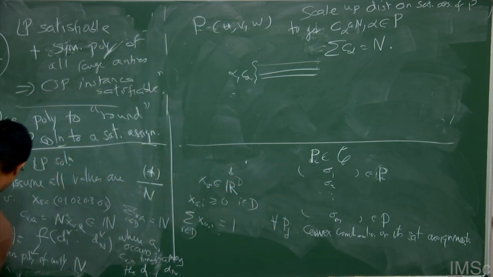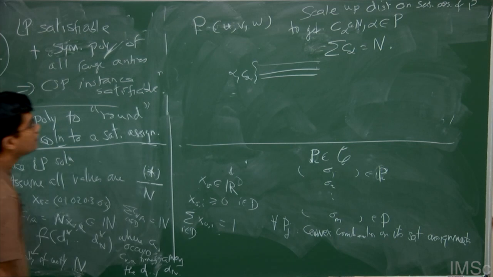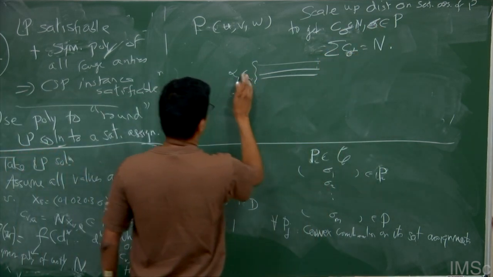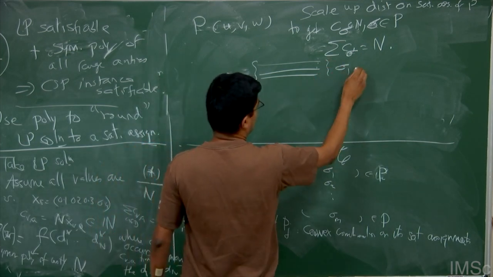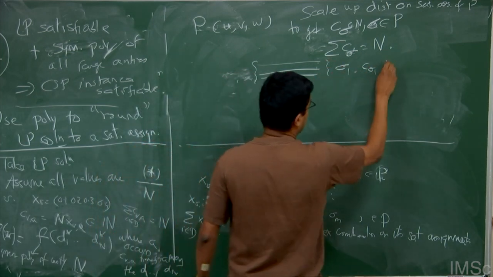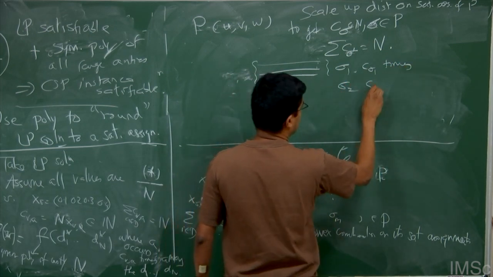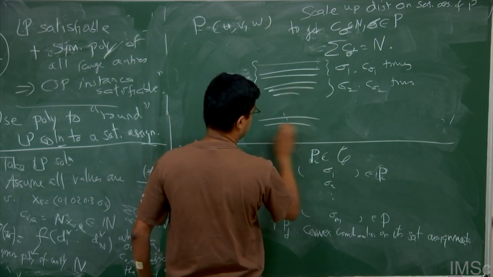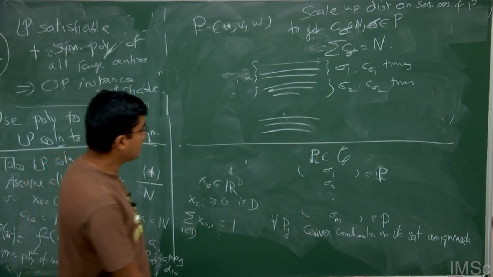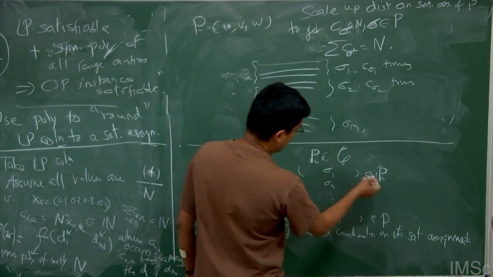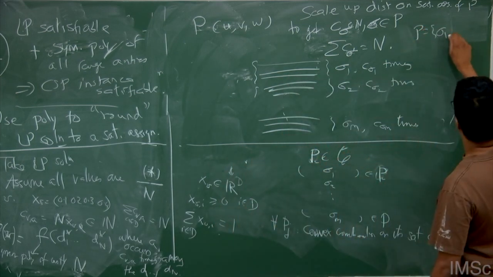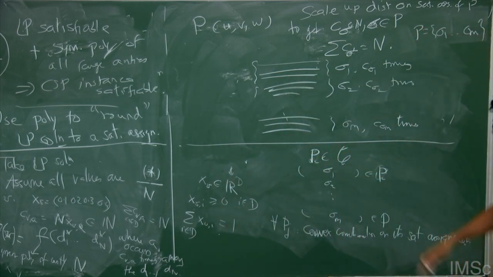Okay, so let's say the assignment is sigma. So sigma 1 is written C_sigma1 times, sigma 2 is written C_sigma2 times, and so on and so forth. Then we write sigma m, C_sigma m times, where P is sigma 1 through sigma m. And some of these may be 0, some count may be 0, but this is general.